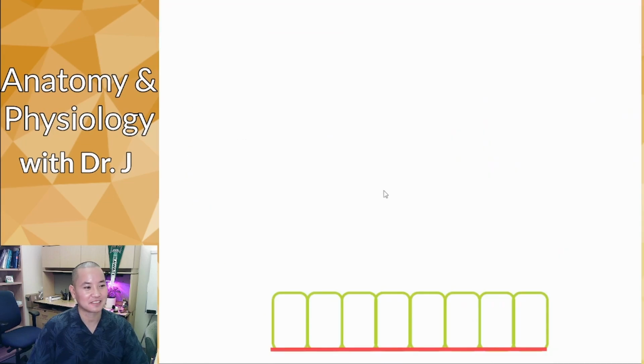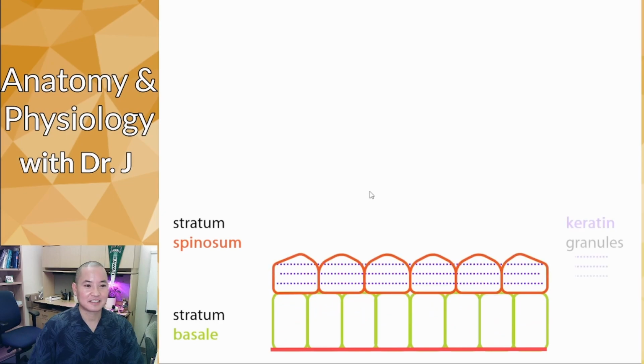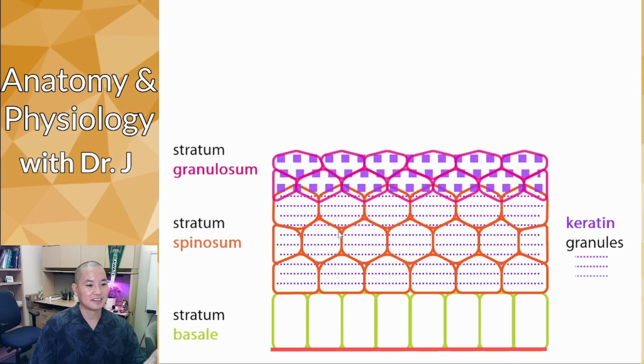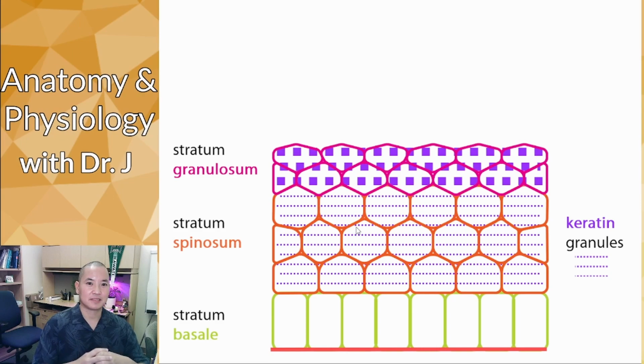But yeah, poor rhinos. Okay, so what we have here is the basal layer, and this is generating all the other layers. As you generate all these new layers, you start to form these keratin granules, little pocket bunches of keratin. As these layers get pushed out, these granules get bigger and bigger and bigger.